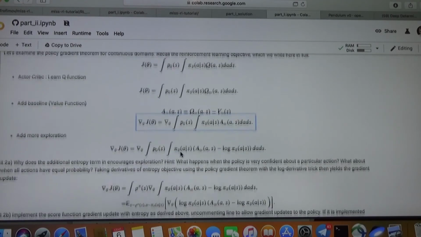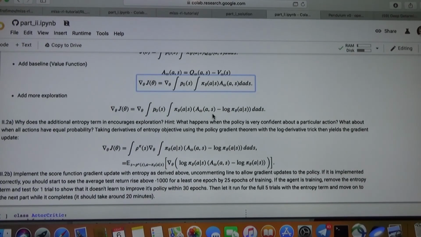And another trick which improves reinforcement learning is encouraging exploration with the entropy. Here in the integral, we subtract the logarithm of the policy, so that pi multiplied by the logarithm of pi is the entropy.